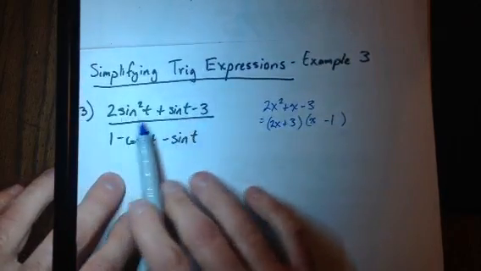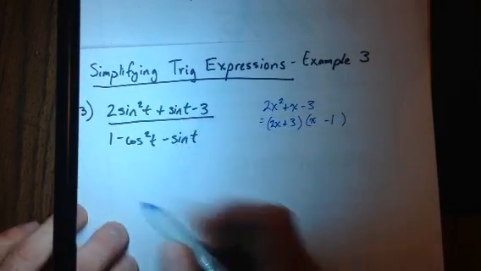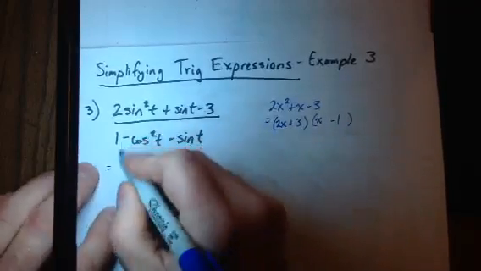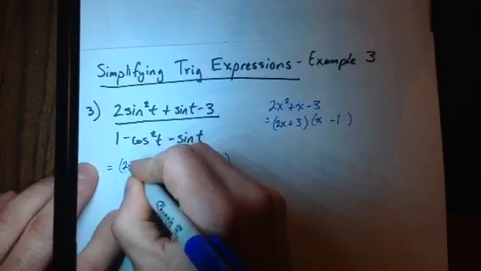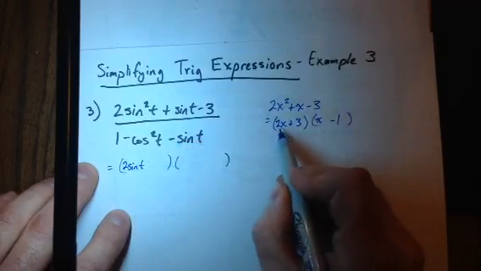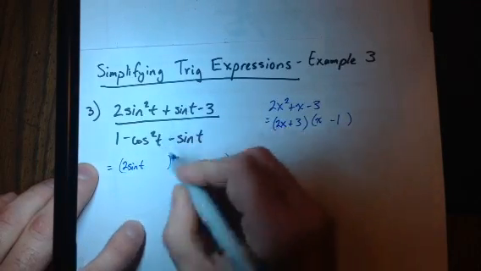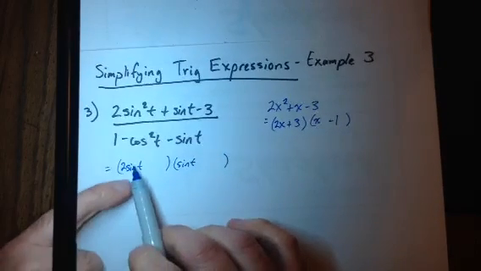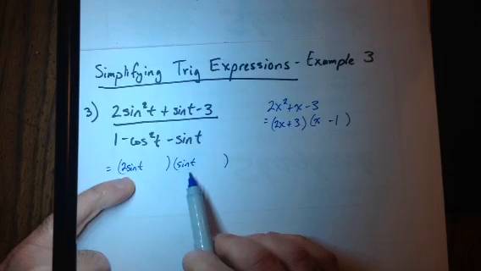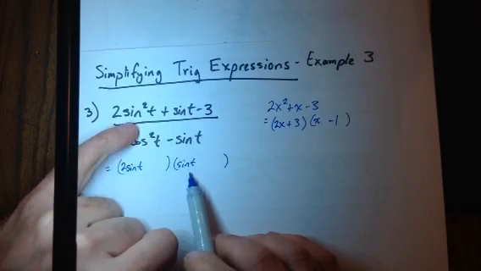Do you see a sine squared and a sine? I'm going to go ahead and factor that numerator. I get 2 sine of t, see that? Times the sine of t. If I was going to FOIL this out, I'd take this times this, and I would get 2 sine squared of t.